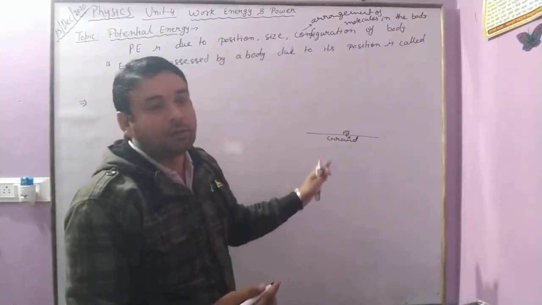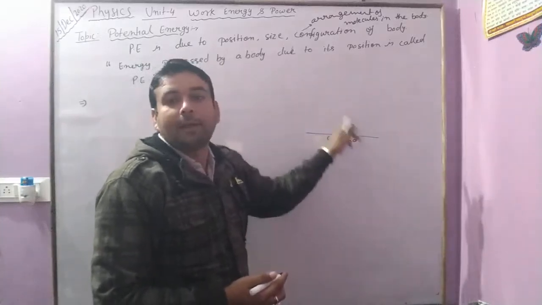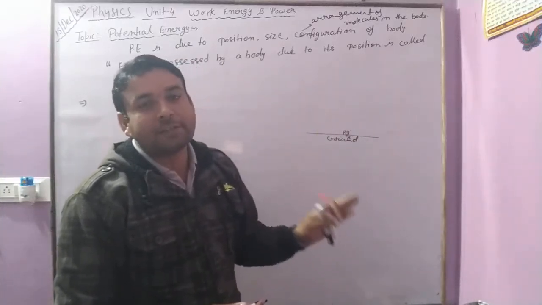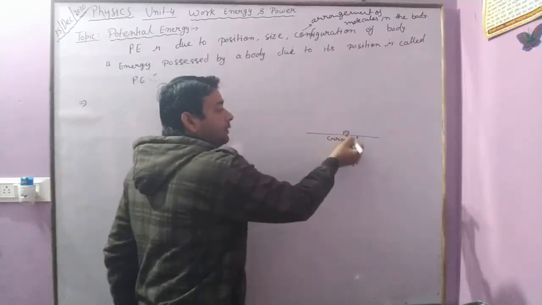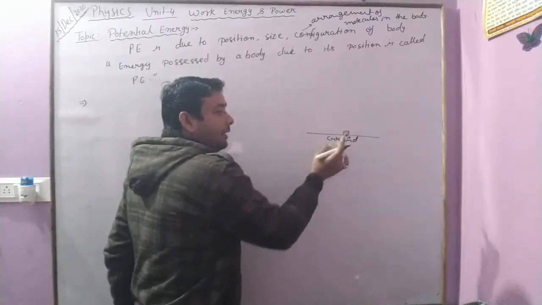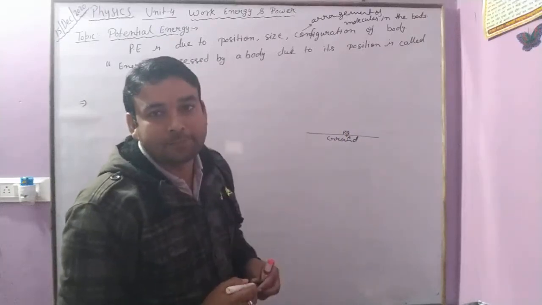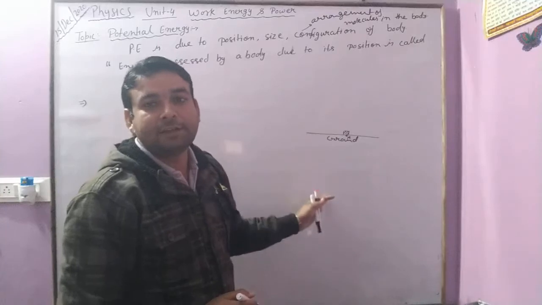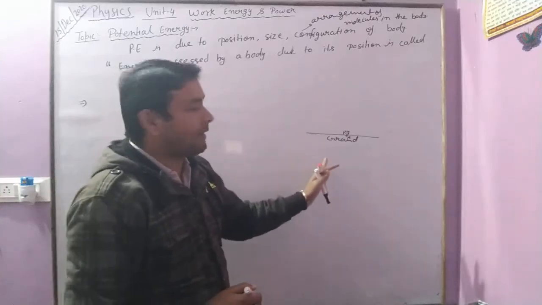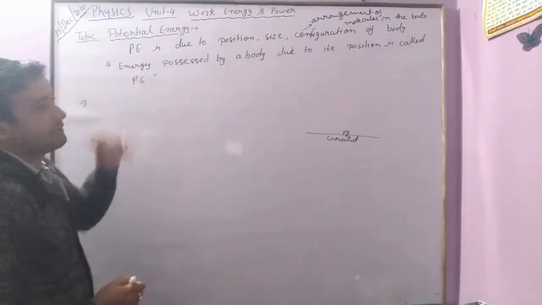This locational property appeared in the body because of its energy at this location. So the body at a location is not displaced by applying a small amount of force, which indicates it has energy, and that energy is called potential energy.